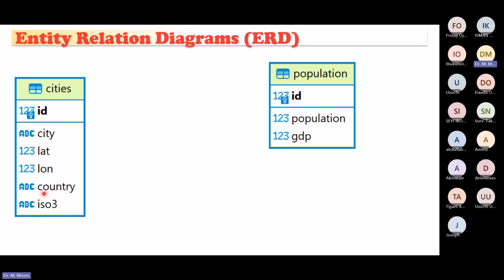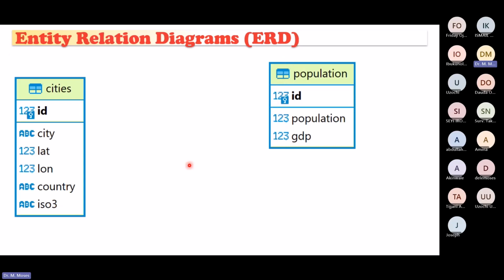Country is going to be alphanumeric. It can take numbers or characters or letters as the case may be. And then the ISO 3-letter code is going to be alphanumeric as well. Now, if you look at the population table, you also see ID 1, 2, 3, meaning the ID is going to be numeric. Population is going to be a number, GDP is going to be a number. So this is what we call data type, as we'll see very soon.